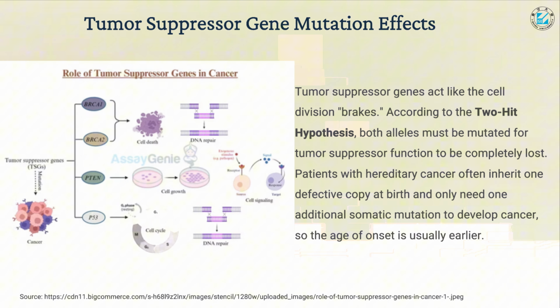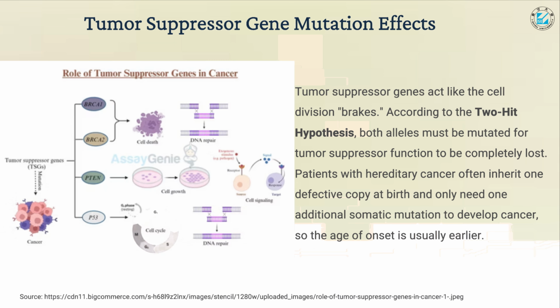In inherited cancer, a person may inherit one defective copy from birth, and this is the first hit. Later in life, if the second copy is lost or mutated in a somatic cell, the second hit occurs and the cancer risk arises. This explains why hereditary cancer often occurs at a younger age and may affect multiple family members.